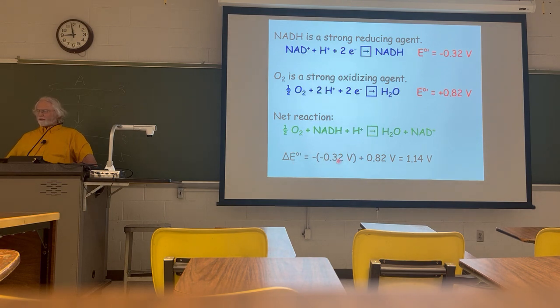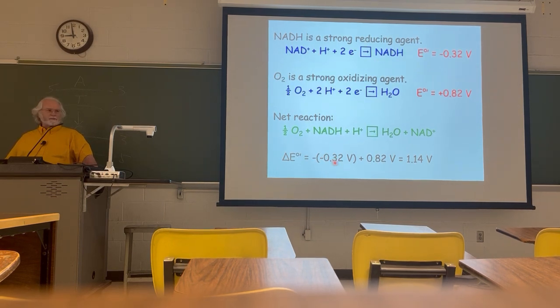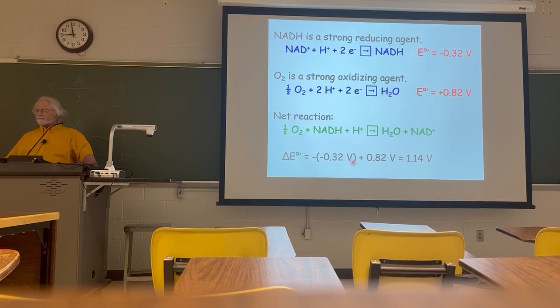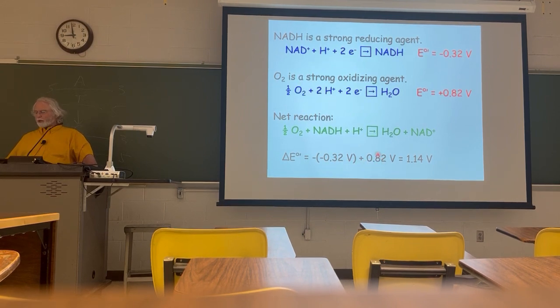This is the standard reduction potential for NAD to NADH, and we change the sign of that because in this case, we're talking about oxidation of NADH instead of reduction. So it's a plus 0.32 volts. And the reduction potential for oxygen is 0.82 like we had here. So the total, if we sum together, is 1.14 volts.